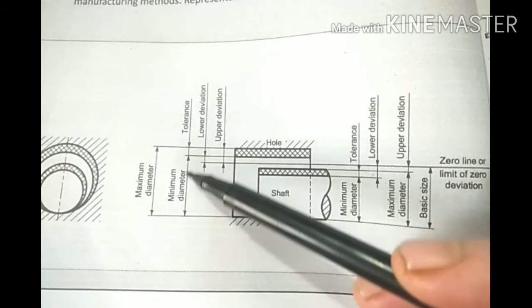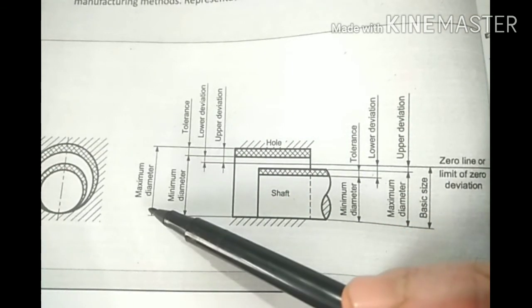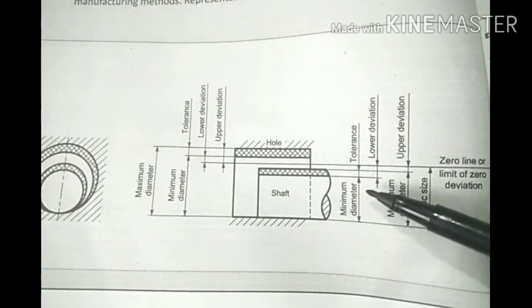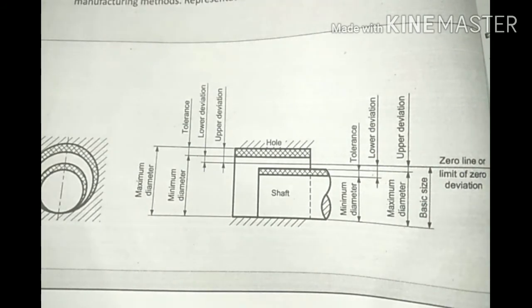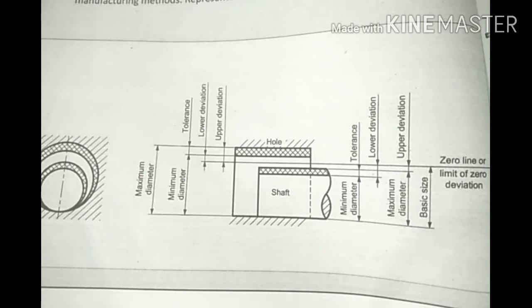So this is the minimum diameter and maximum diameter of the hole, and these are the minimum diameter, maximum diameter of the shaft. So what are the terminologies used in tolerances and what is tolerance, that we will see.